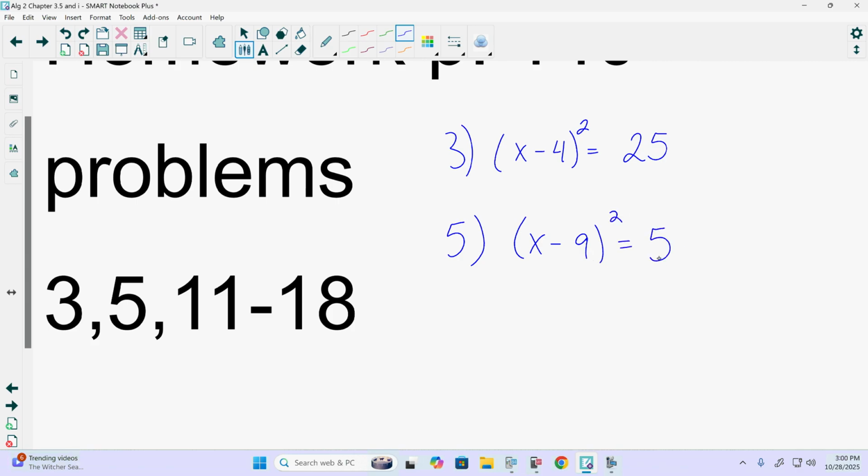So I'm really doing the first main step to factor it for you. You just have to solve it from there. 11 through 18, you're finding the value of c. Make sure to write the perfect square trinomial just like we did, and then find its factored form. And that's it.